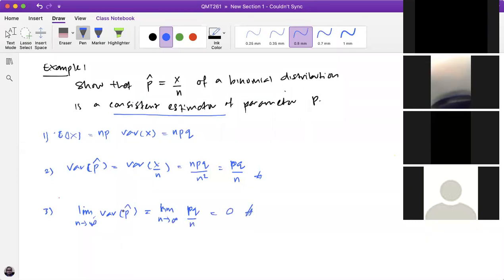When the limit of variance is equal to 0, then we can conclude that p hat is a consistent estimator for p, right?